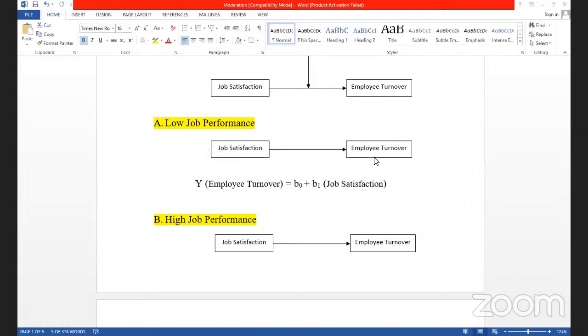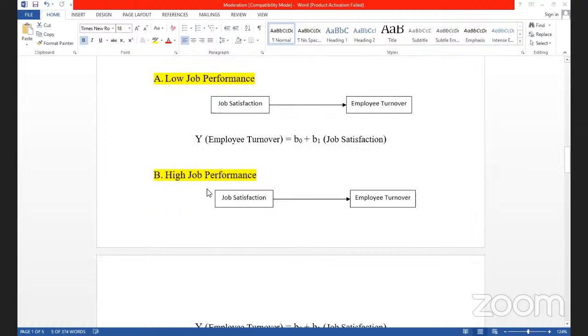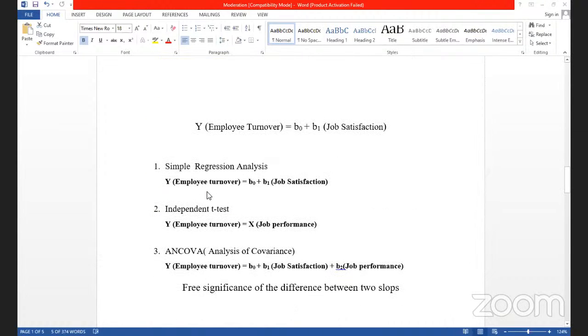We want to check whether the relationship between the two variables, employee turnover and job satisfaction, is significant or not for low job performers. And then we can check the relationship between employee turnover and job satisfaction for high job performers. Okay, so this is the case study.